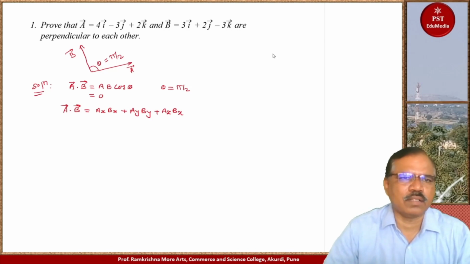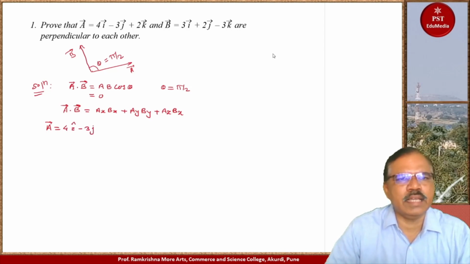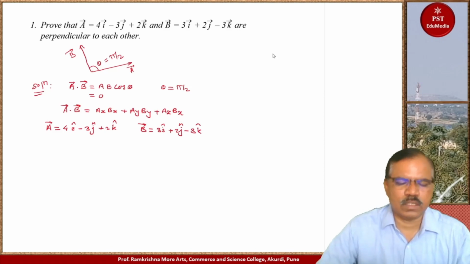This is the dot product. Now we have A equal to 4i minus 3j plus 2k and B equal to 3i plus 2j minus 3k. These are two vectors.